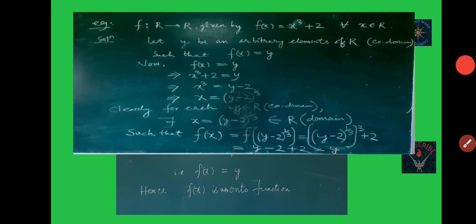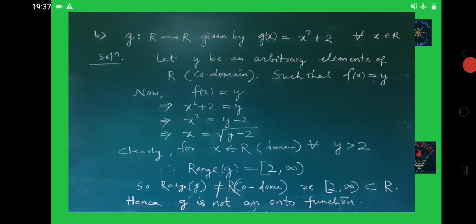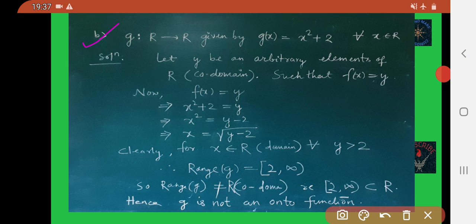Next, another example. B. Function g mapping from R to R, the set of real numbers, given by g of x is equal to x square plus 2 for all values of x belongs to R, this R, this domain.